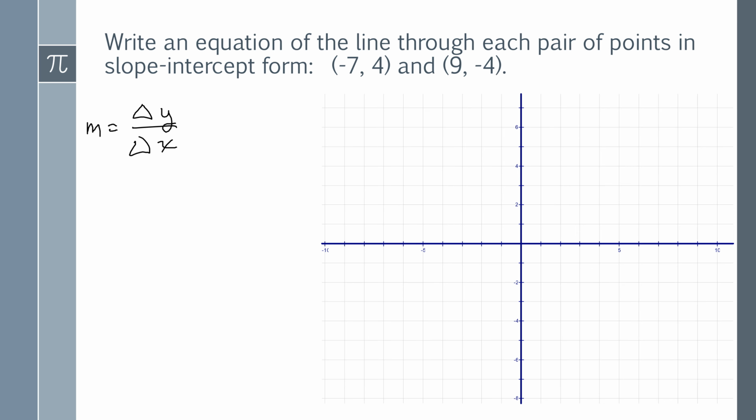We've learned that. So m is equal to 4 minus negative 4 over negative 7 minus 9. 4 minus negative 4 is 4 plus 4, that's 8. Negative 7 minus 9 is negative 16, so this reduces to negative 1/2.